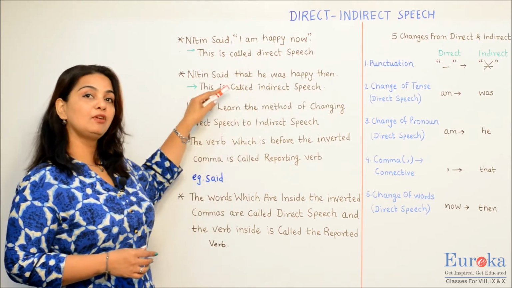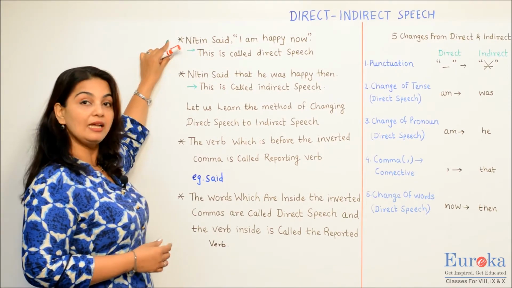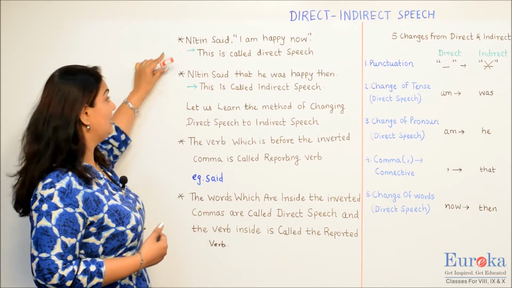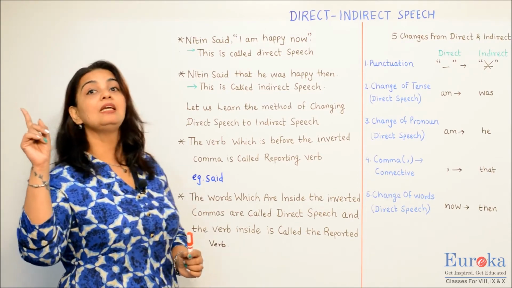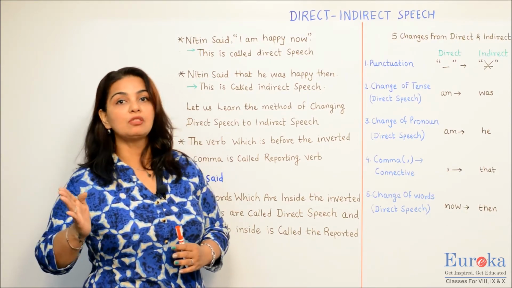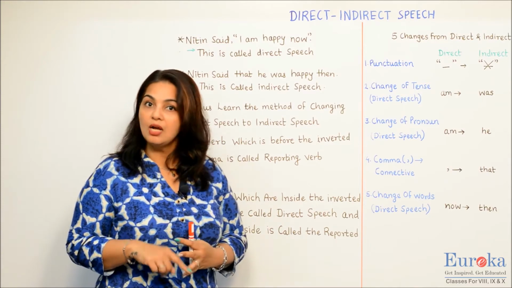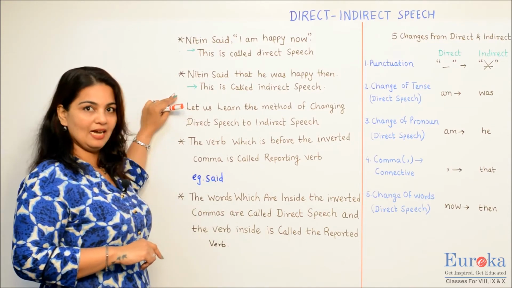Now look at the difference in both the statements. In the first, Nitin is saying, "I am happy now." In the second, he said that he was happy then. So that means it has been reported to someone else about how Nitin feels about himself. This is called the indirect speech.